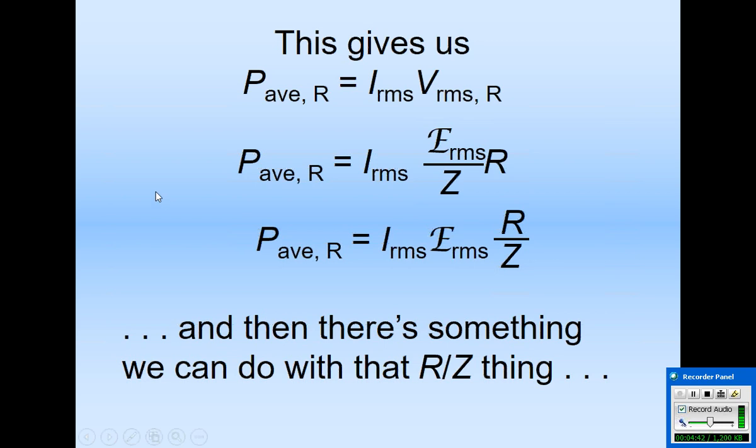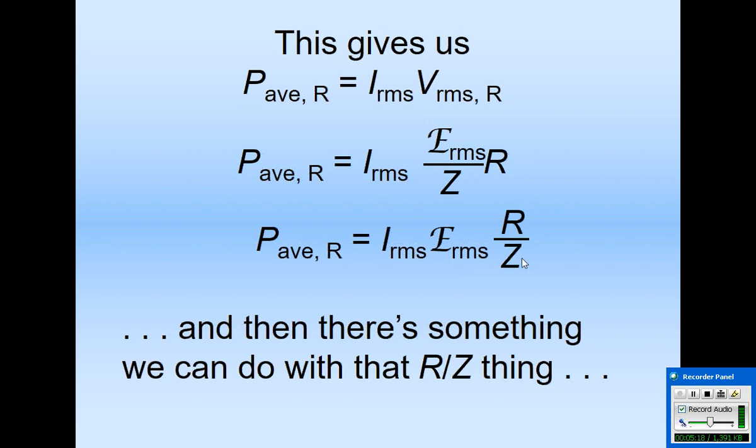Well, what I'm doing is I'm just breaking that I squared up into two different terms. One of them is going to remain I, but the other factor of I I'm going to call root mean square voltage of the source divided by the impedance. And there's method to my madness, because it leads us to this final equation on the screen, that the average power dissipated by the resistor is equal to the root mean square current times the root mean square voltage of the source times resistance divided by impedance.